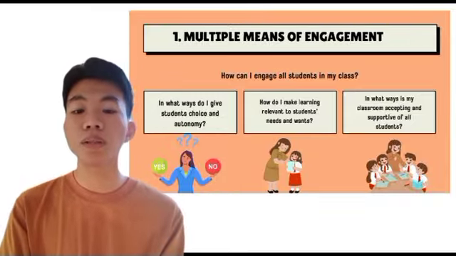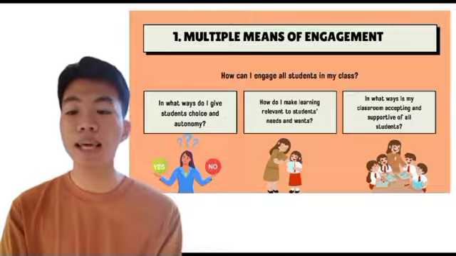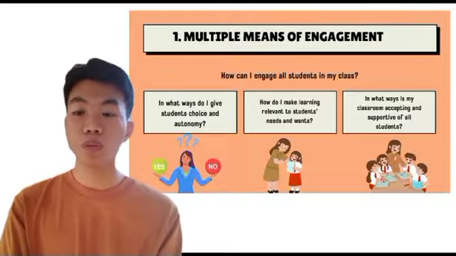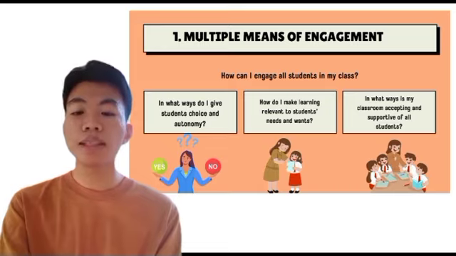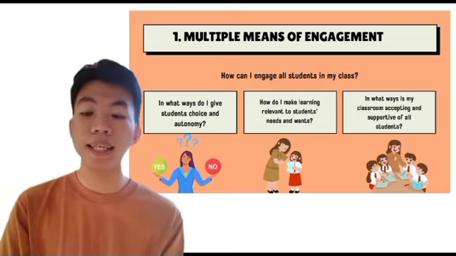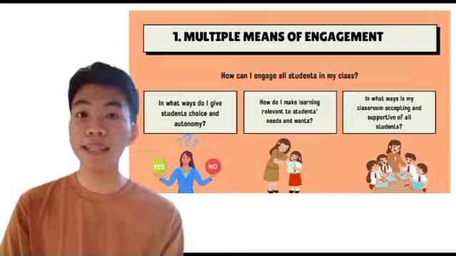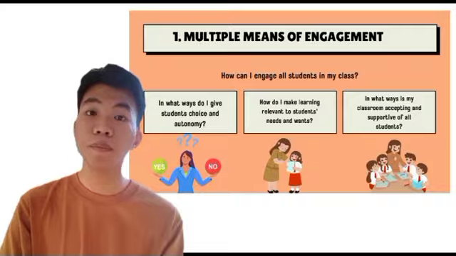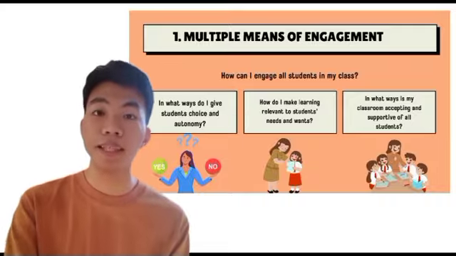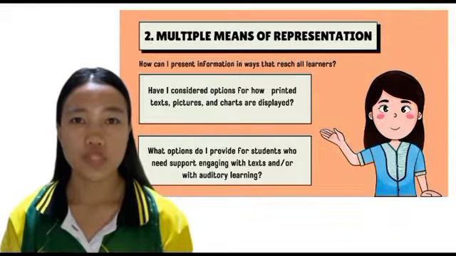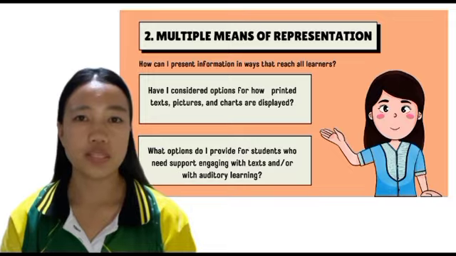This helps to keep our students engaged and helps them connect with the materials in different ways. So this principle of engagement is key in making sure that every student feels involved and is motivated to participate in the learning process. Let's proceed to the second principle, which is the multiple means of representation.